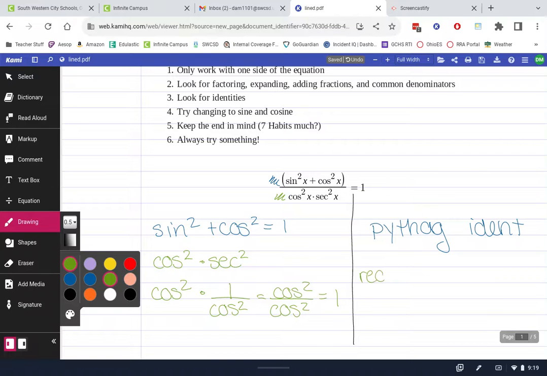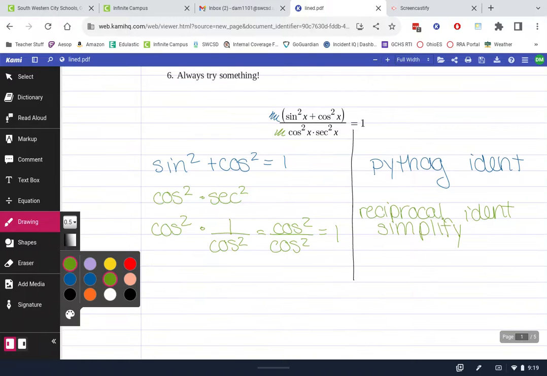So this comes from reciprocal identities. And then a whole bunch of simplifying. So my final step is literally just putting everything back together. So I have 1 divided by 1, which is 1.